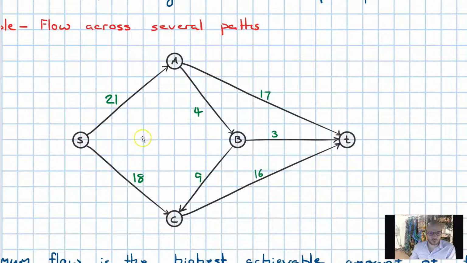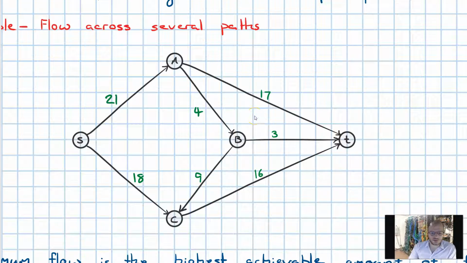Pretty much I want to saturate the amount of flow coming out of the source, or I want to saturate the amount of flow capacity I have heading towards the sink over here. If I saturate this over here, as in I use all of the capacity up, or if I saturate it over here, then I know that I won't be able to improve upon this.